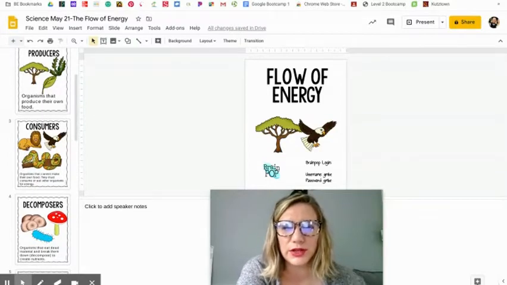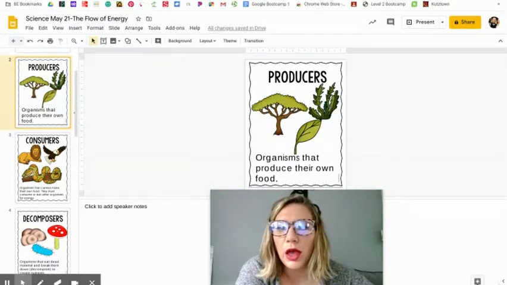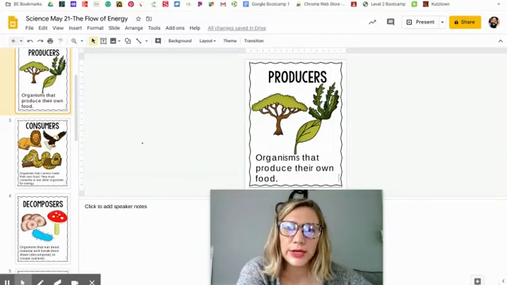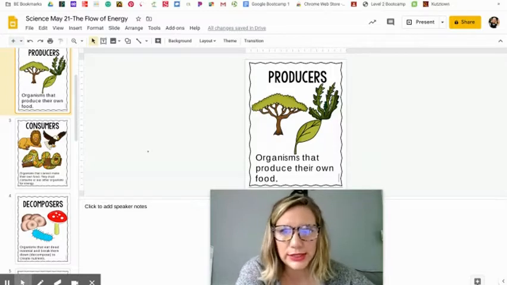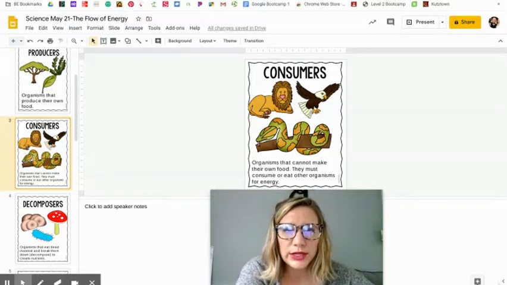All of these things are things that you'll learn throughout the video, but the main three parts of a food chain are the producers, consumers, and decomposers. So producers are just that, organisms that can produce their own food. Think about plants a lot of the times. Consumers are ones that consume other organisms for energy.